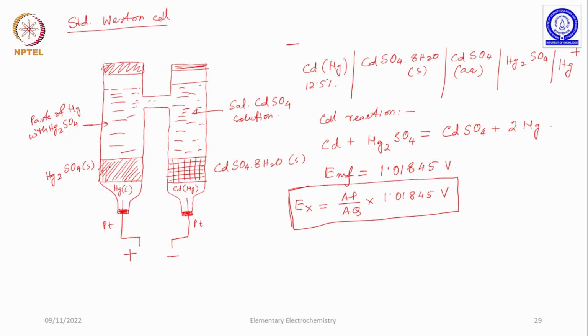I must tell you that this cell is also not very easy to handle, because this has liquid mercury, cadmium amalgam, etc. But it is easier than handling the standard hydrogen electrode, and hence this Weston cell is widely used to determine the EMF of an unknown cell that you may make.